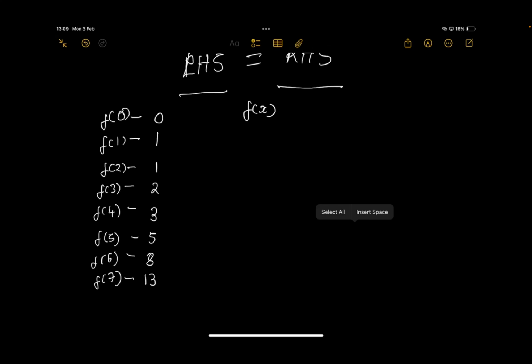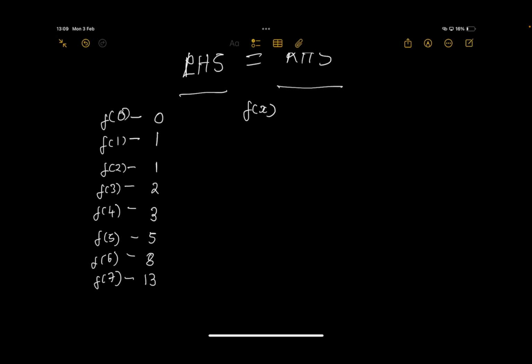What we need to do now is create a constraint-checking polynomial, a polynomial that checks that you did everything correctly. The constraint is that f of 2 should be equal to f of 1 plus f of 0.